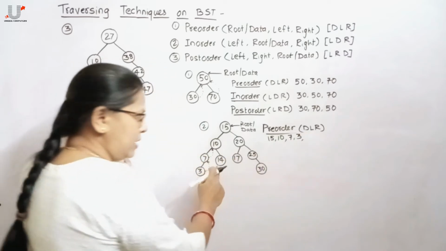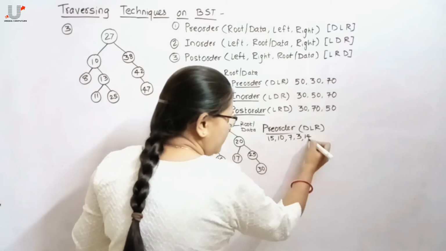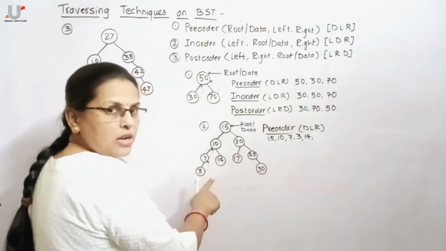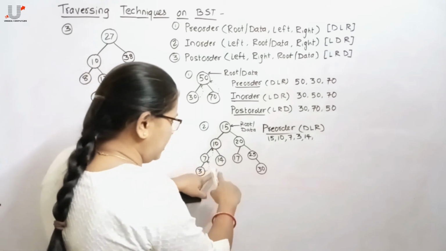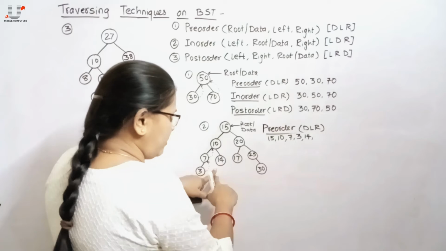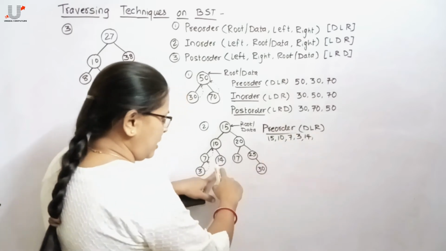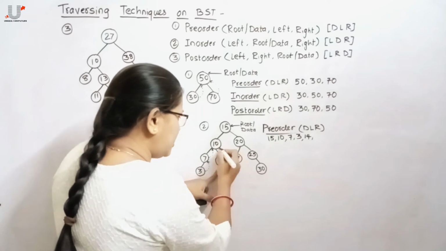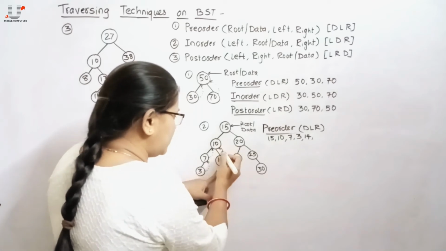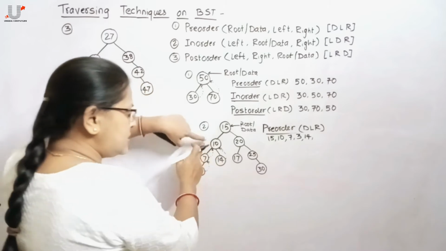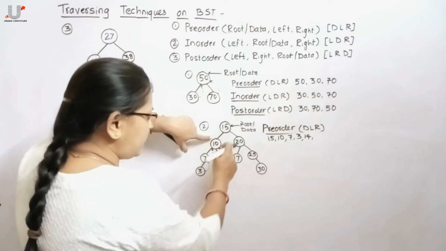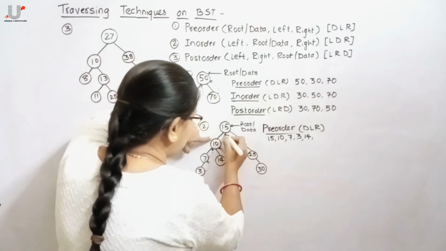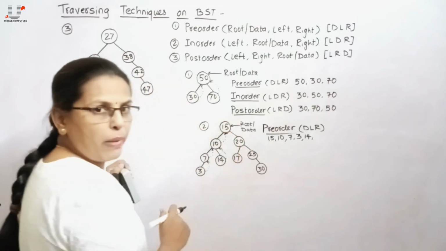As data itself, 14, gets displayed, then check whether any unprocessed left subtree is there for 14. No, it doesn't have a left subtree. Then apply R. As it doesn't have a right subtree, backtrack to the previous location. Control will transfer to 10. As D, its left subtree and right subtree have been processed, the control will transfer to its parent.